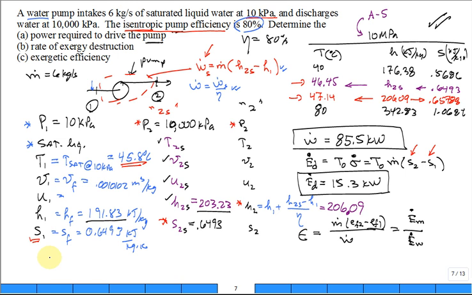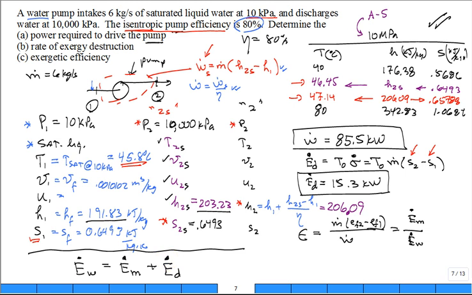You could rewrite an exergy balance equation. What came in with the shaft power into the pump went two places. It either went into increasing the flow rate of the fluid stream, or where did it go? It was destroyed through irreversibilities.